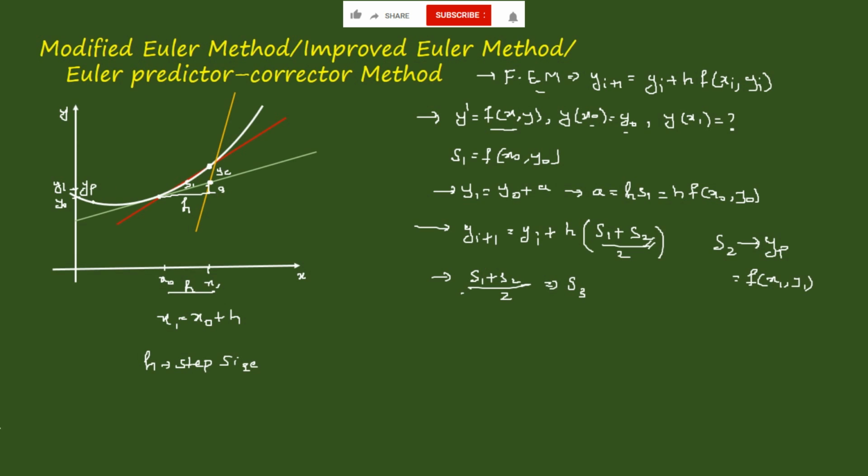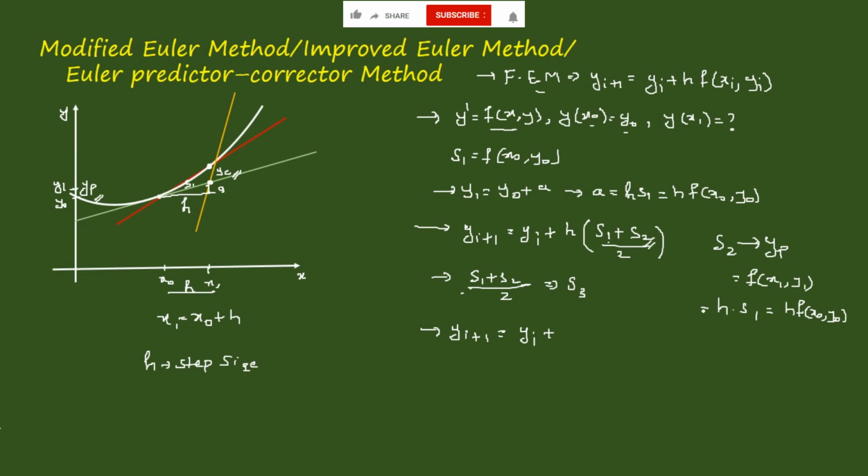From the predictor value we'll be correcting to the exact value. So the formula of it is y of i plus 1 is equal to y of i plus h into s1, which is equal to h into f of x naught comma y naught.